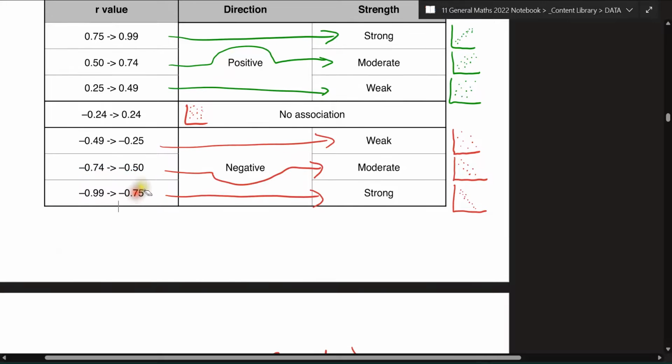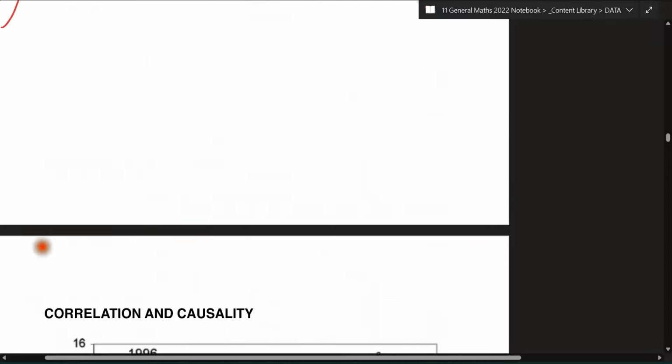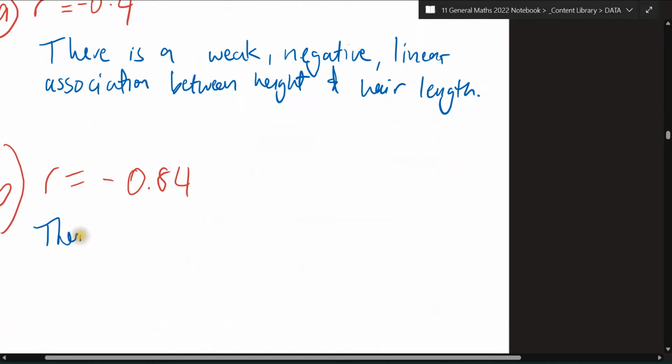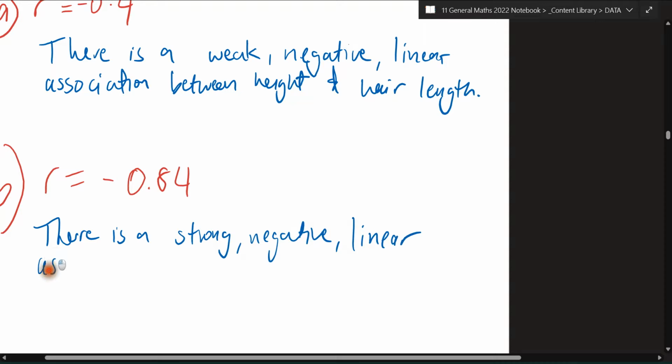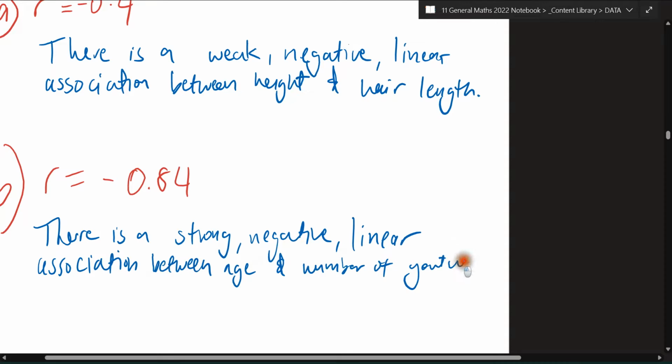So therefore, we do say there is a strong negative linear association between the variables, age and number of YouTube videos. Okay, easy.